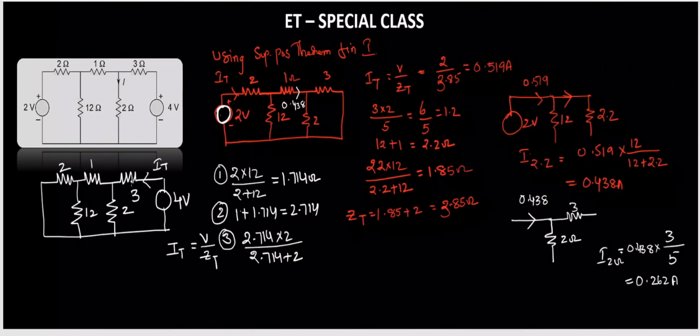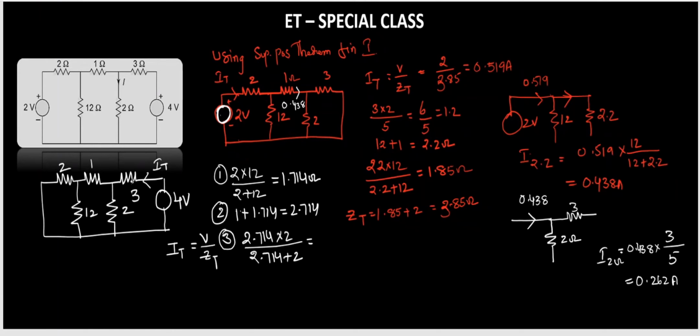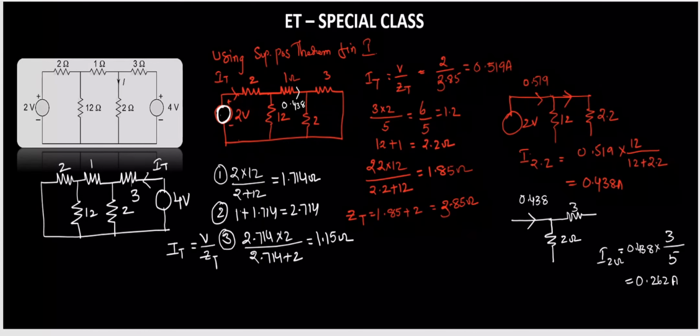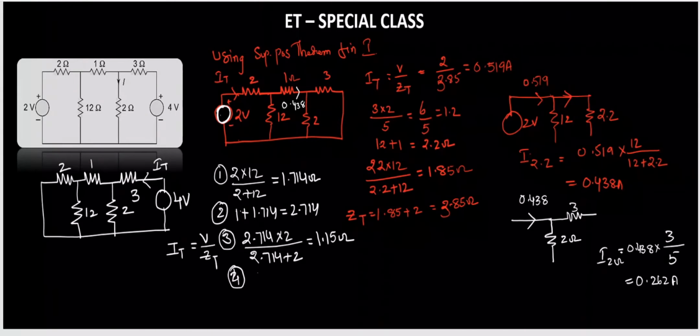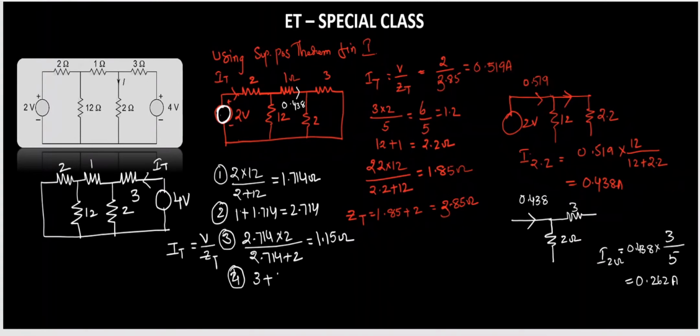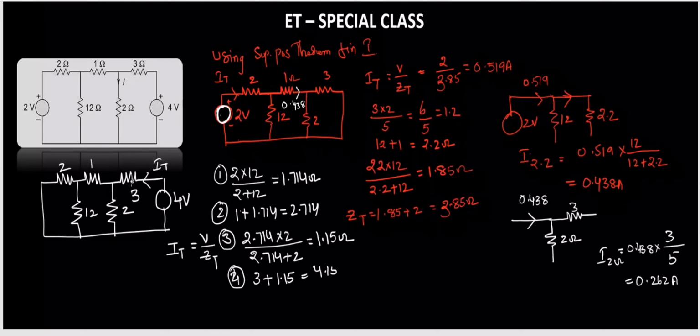How much? 1.151. Next, 1.15 and 3 are in series. So as the fourth step in calculating ZT, 3 plus 1.15 is equal to 4.15 ohms. That is equal to your ZT.